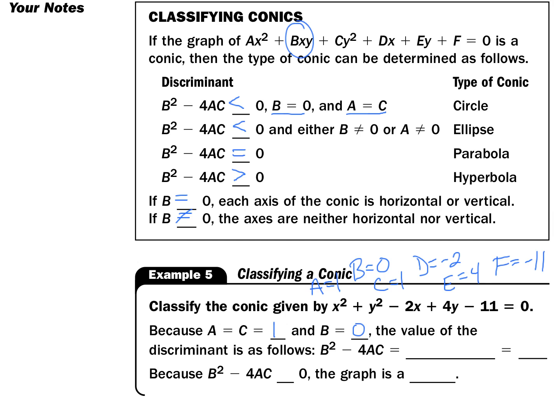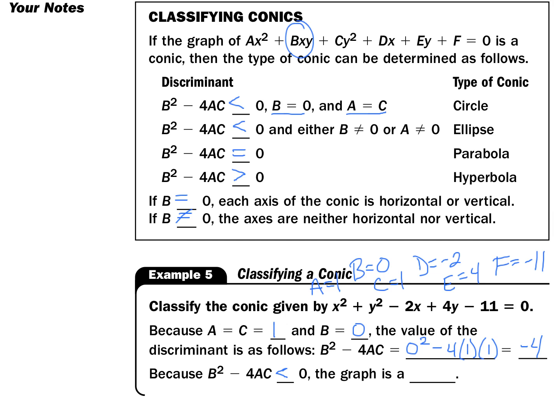So the value of the discriminant then would be b squared, which would be 0 squared, minus 4 times a, which is 1, times c, which is 1. So 0 squared is 0. 4 times 1 is 4. 0 minus 4 is negative 4. So that means that b squared minus 4ac is equal to negative 4. Negative 4 is less than 0.